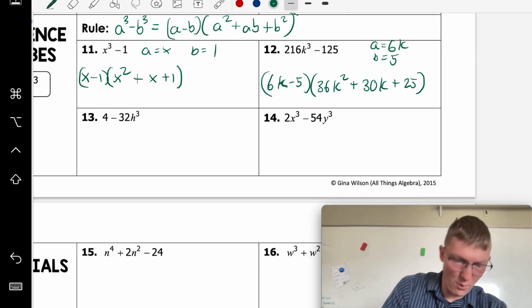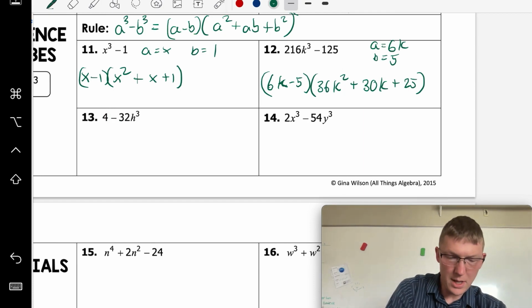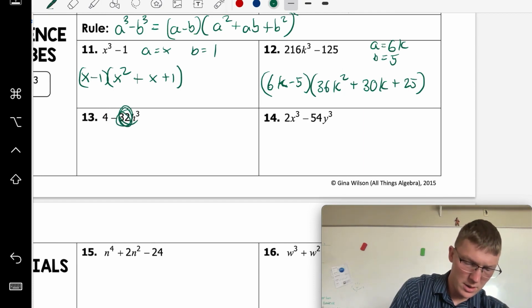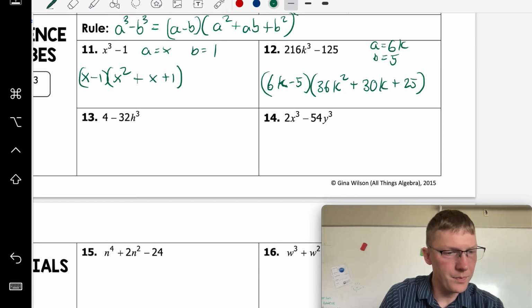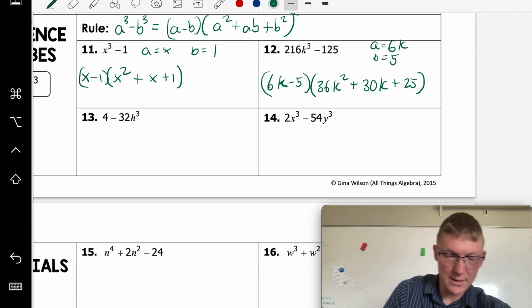So if we look straight into 13, again, I'm seeing 4, and I go, that's not a perfect cube. But 4 can go into 32, which means 8 times, which means we can factor that 4 out.